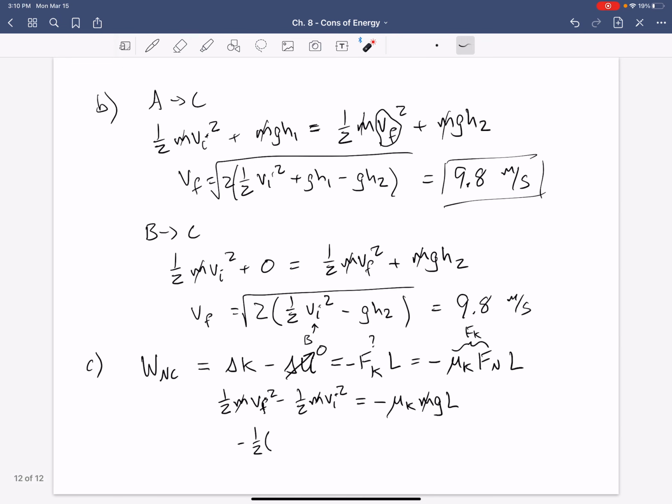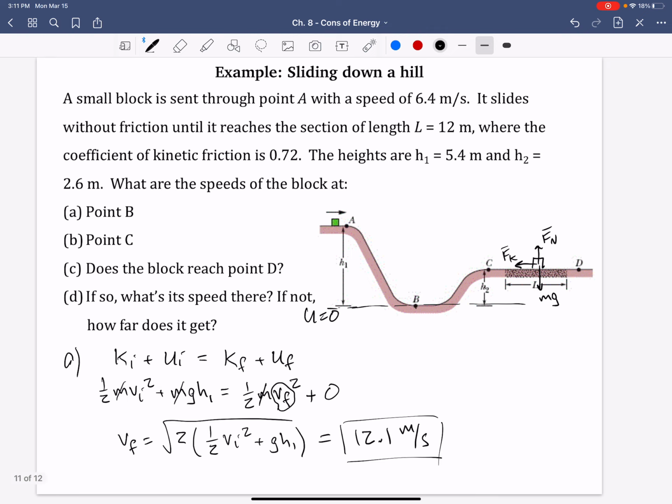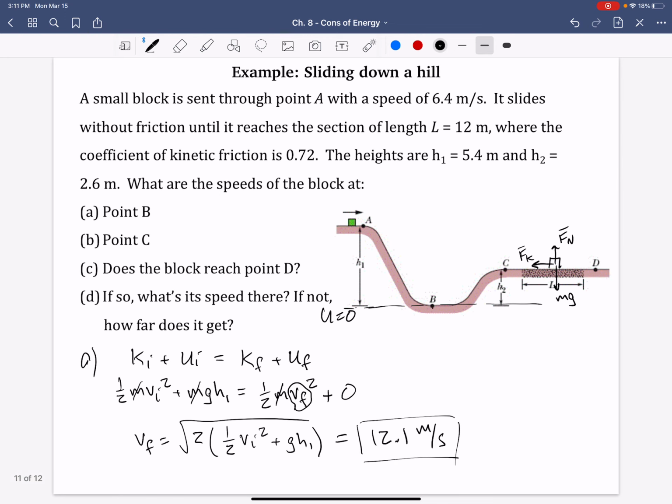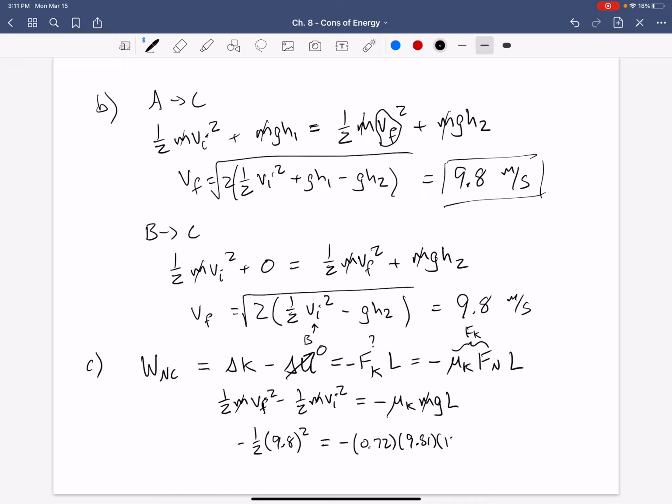Well, we found that in part B. So that's 9.8 squared, and that's compared to negative the coefficient, 0.72, times 9.81, and then the length of that frictional stretch is 12 meters.